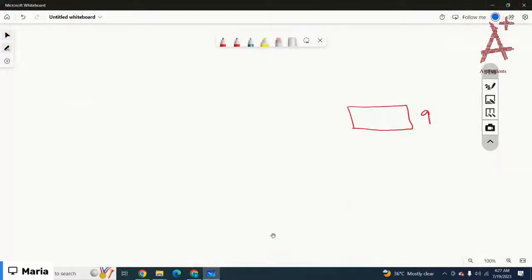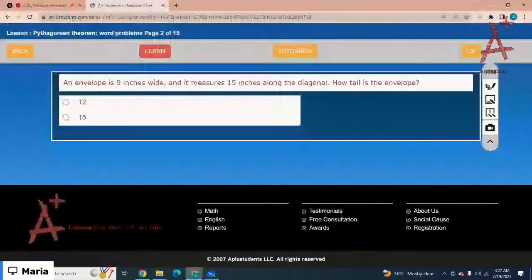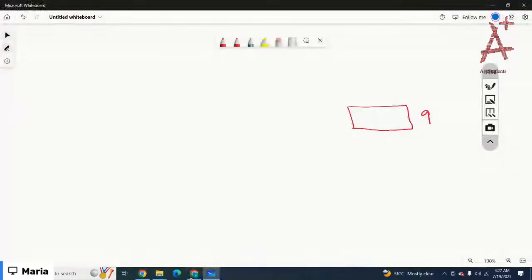And it measures 15 inches along the diagonal. It is 15 inches. You have to find then the missing leg. You are given the hypotenuse. C equals 15. B equals 9. You have to calculate the value.